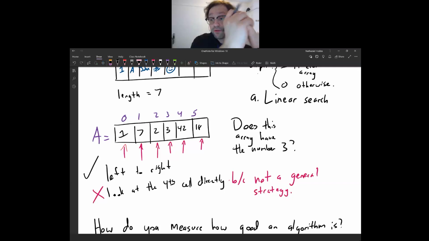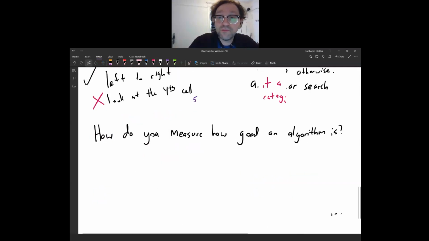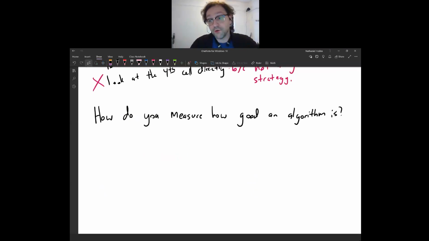Let's see. I see some comments on how do you measure how good an algorithm is, how long it takes, which one is faster, speed. I see big O, that's a computer science term. Faster, how fast it works. Yeah, basically. There's more ways than one, but this is a very common one.